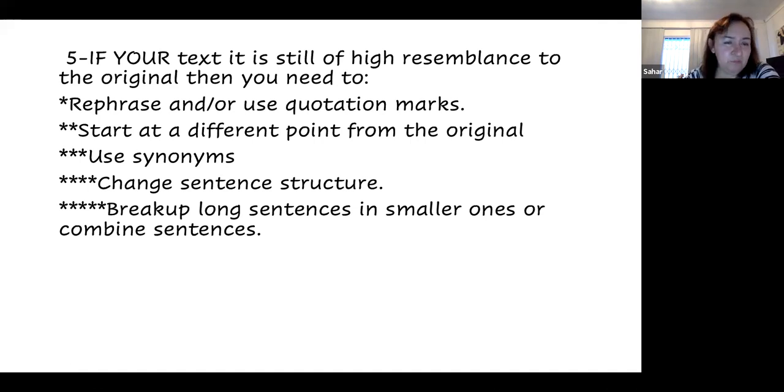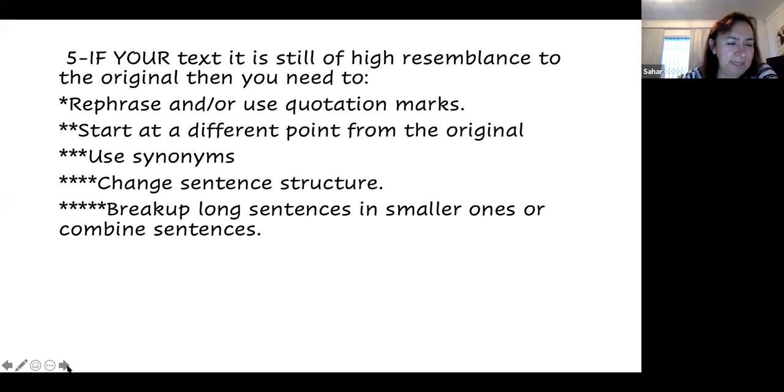Use synonyms. You can use different words that have similar meanings to the original word used by the author. And you can break long sentences. I don't like long sentences, and most of the people who write don't like long sentences. So you break the long sentences into smaller sentences.